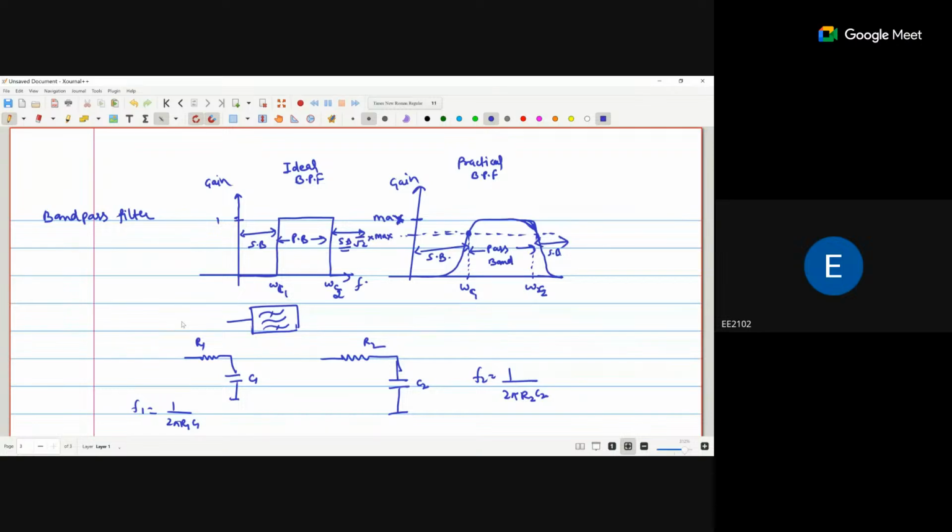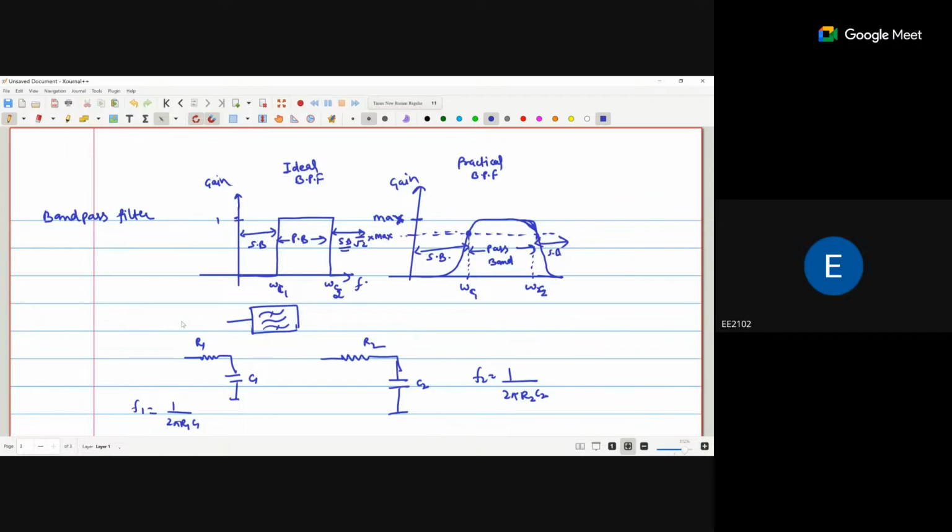Now if in a circuit two storage elements are used, either voltage storing devices or current storing devices, either the inductor or capacitor, that filter is called a second order filter.